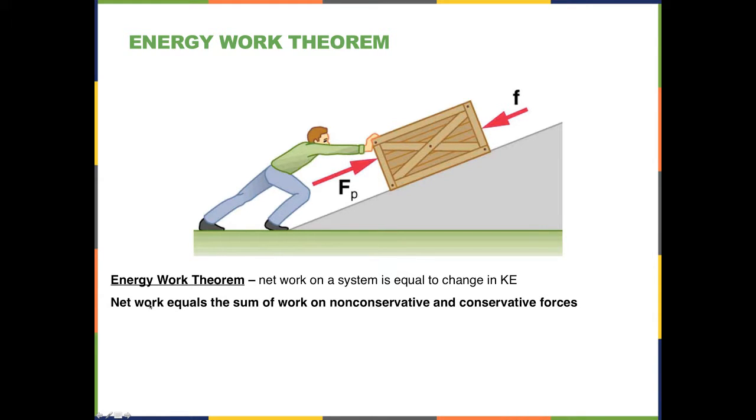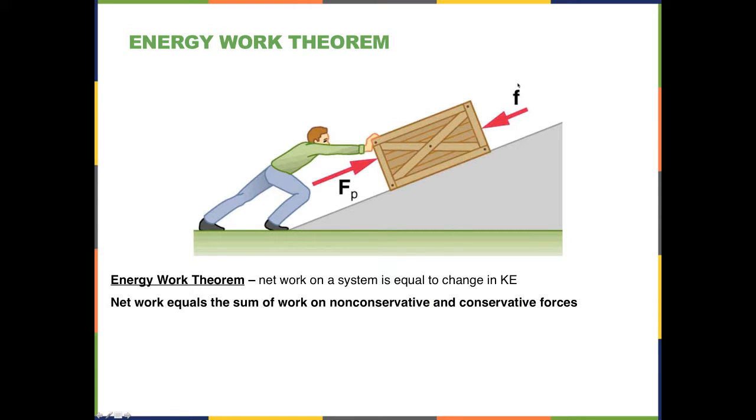So the net work equals the sum of the work by non-conservative forces as well as the work by conservative forces. So if there's both of these present, then the net work that's performed has to be done on both of these forces.